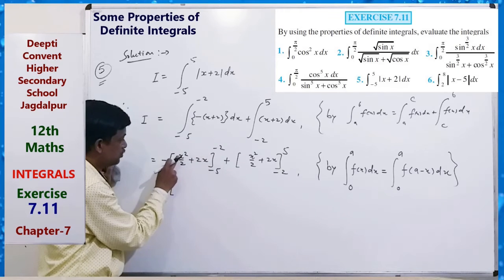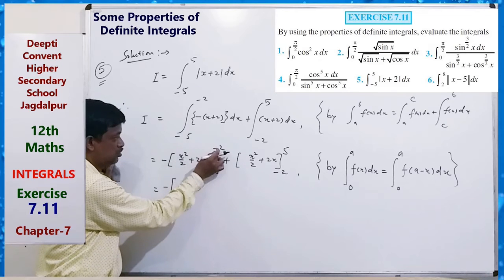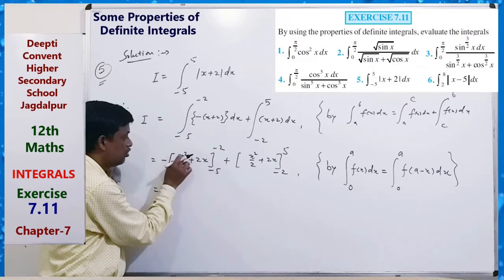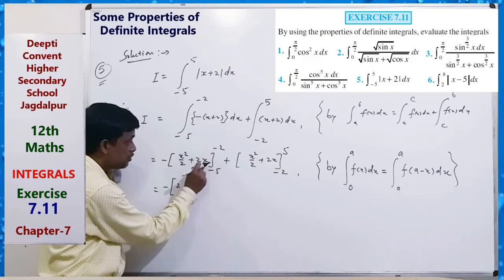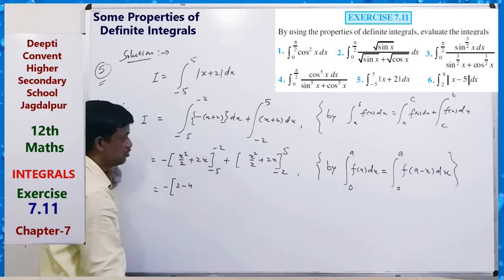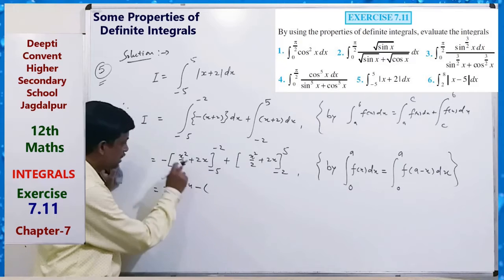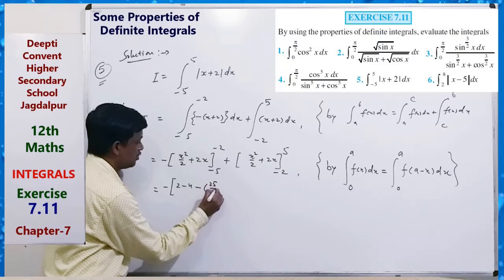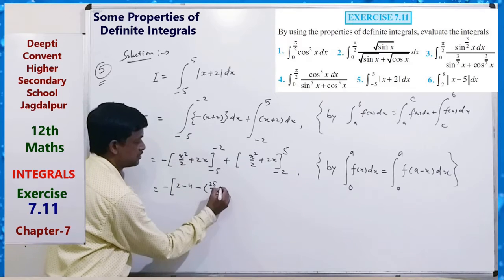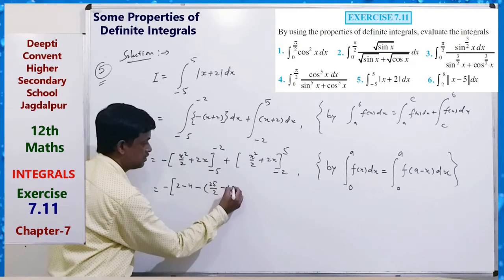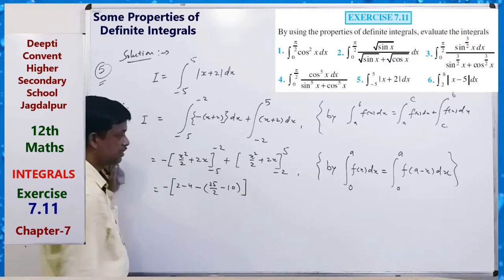Minus 2 square is 4, 4 by 2 means 2, plus in place of x minus 2, so minus 4, minus 4, minus 5, minus 5, 25 by 2, minus 10x, minus 10, minus 10. This is the first part. Clear?